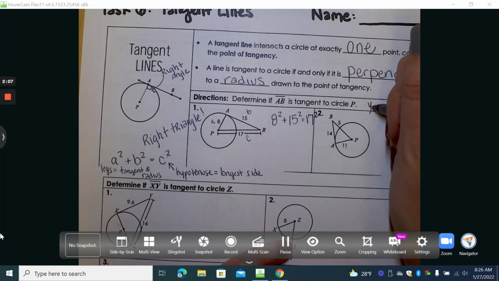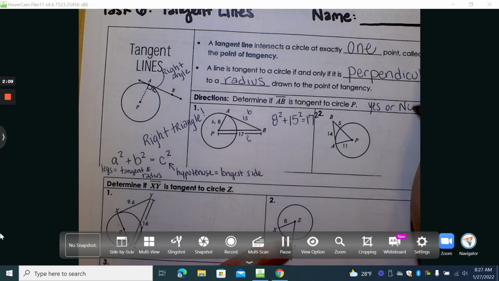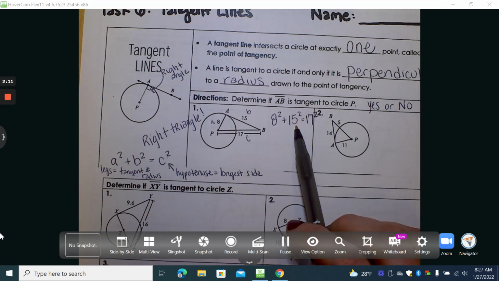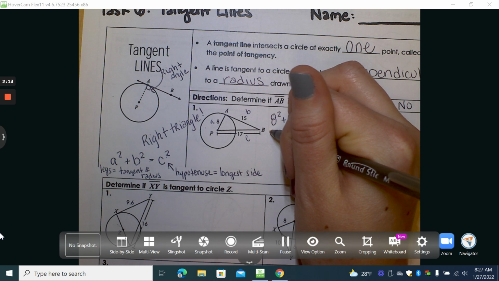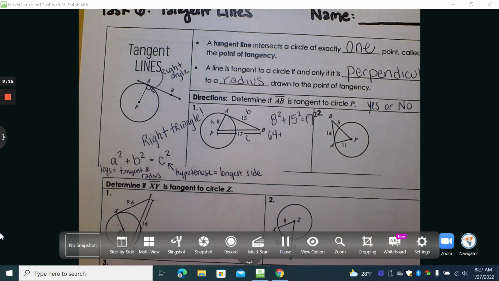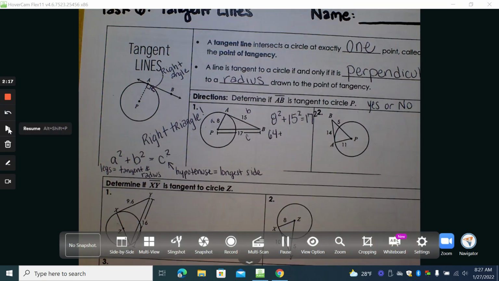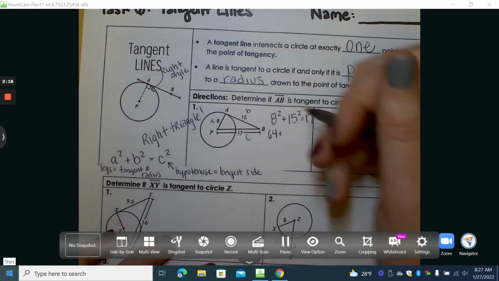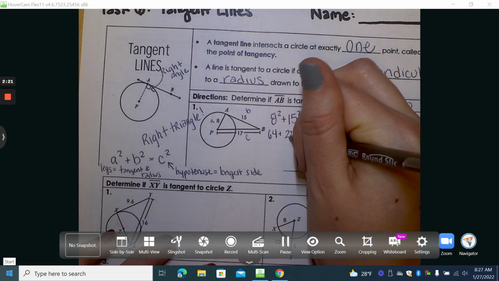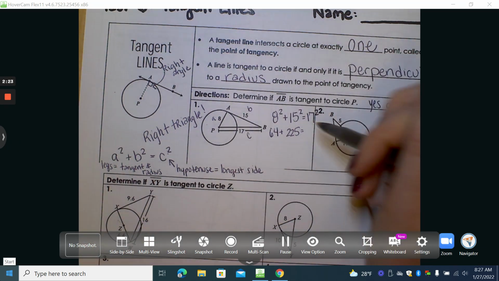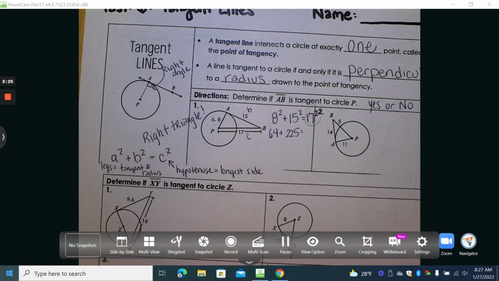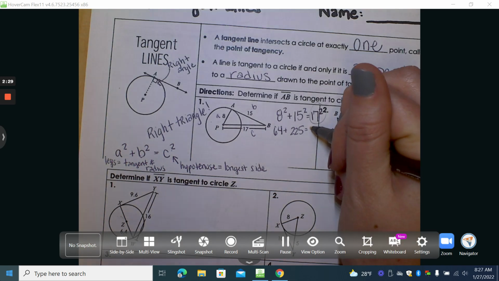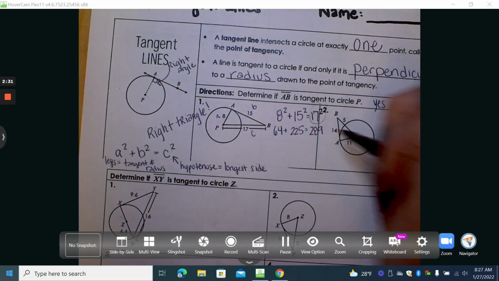My answer here is going to either be yes or no. So 8 squared plus 15 squared. Well, 8 squared, 8 times 8 is 64. And 15 squared is 225. And 17 squared, 17 times 17 is 289.